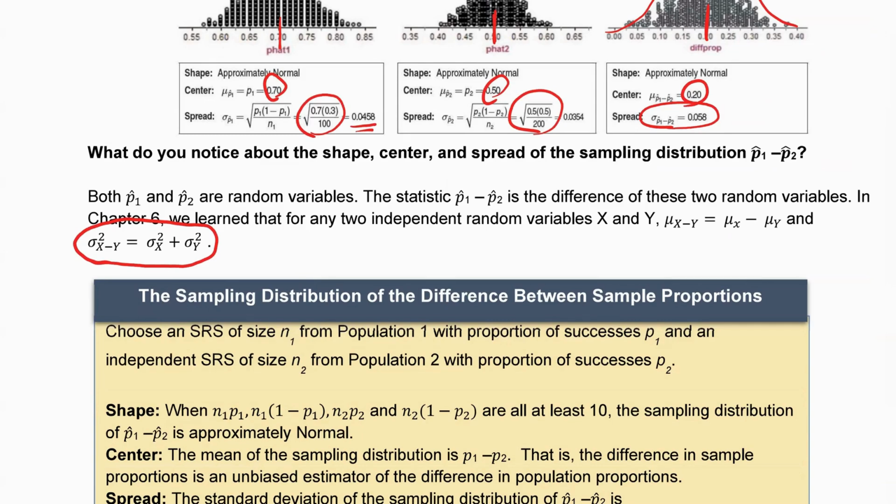Or in this case, we may say the variance of p hat 1 minus p hat 2 is going to equal the variance of p hat 1, which is the standard deviation squared, plus the variance of p hat 2, which is that squared. And then if you want to get rid of that square, you could take the square root of that. And if we did that, we would find that that's very close to what that number is.